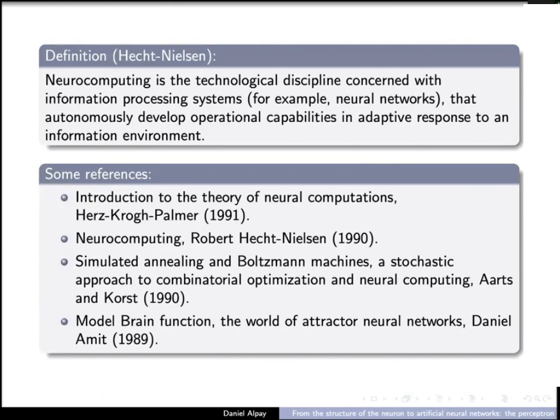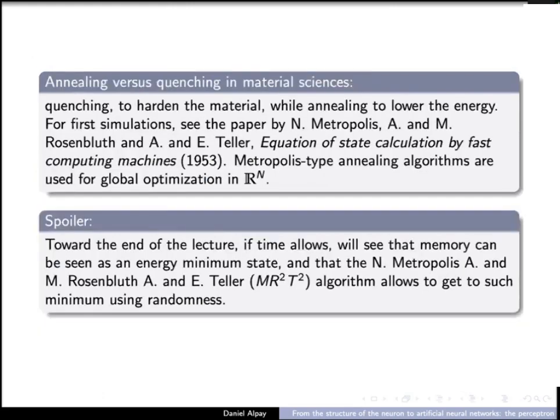So, what is annealing? In material science, when you have a material, quenching is to make the material very hard, and annealing is a procedure to make it smoother and to lower the energy. And what is the relation with what we are doing here with the models? Well, there is this very old paper of Metropolis, Rosenbluth, and Teller.